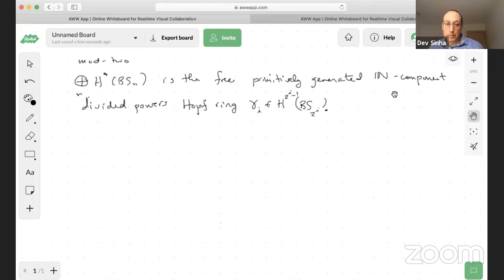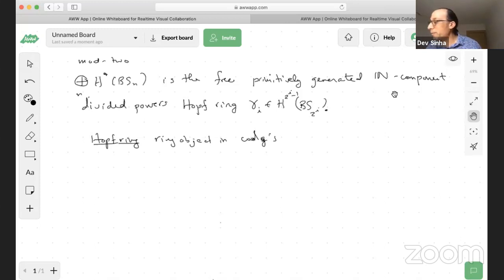So let's just take the different parts of this definition one by one. So what does it mean to be a Hopf ring? Well, we had a lecture on that. It's a ring object in coalgebras. We did a few calculations.